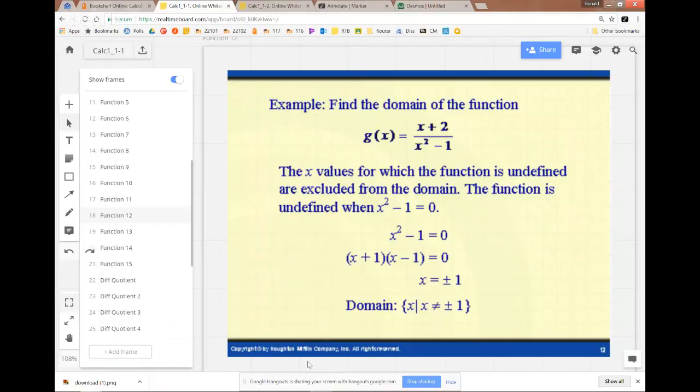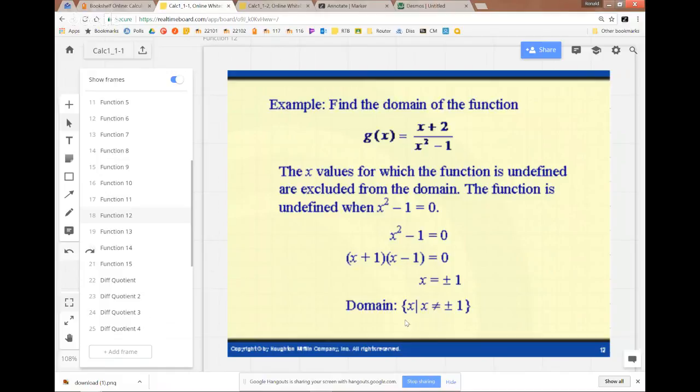So your question to yourself is, what would cause the denominator to become 0? And you can probably see there's 2 things that would cause that. X equals 1 or x equals -1 would not be allowed, because division by 0, sorry, is not something we can do in math.